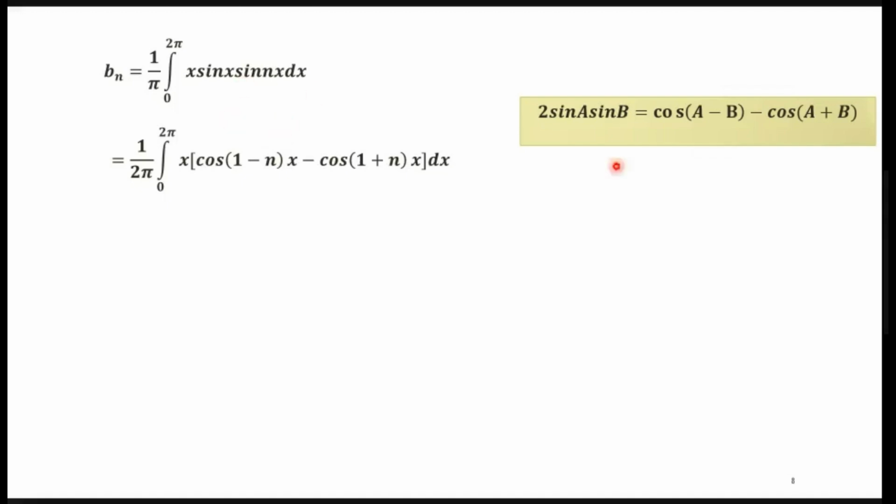So again, cos of a minus b. a is x, b is nx. So a minus b will be x minus nx, which is 1 minus n into x if I take x common. Similarly, minus cos of a plus b, x plus nx, if I take x common, 1 plus n into x.